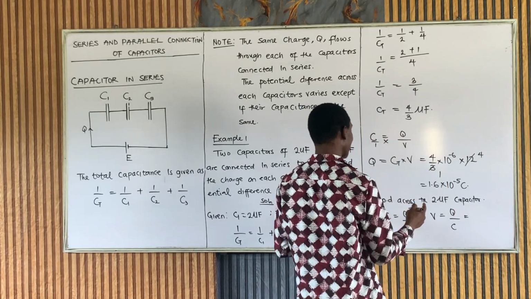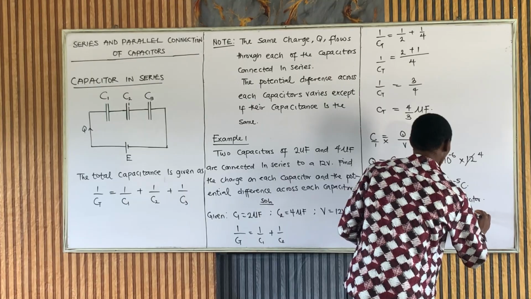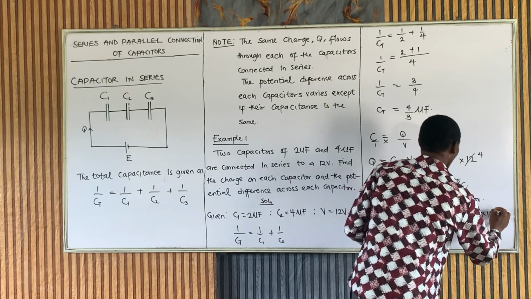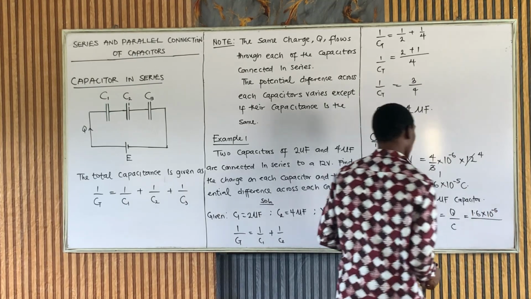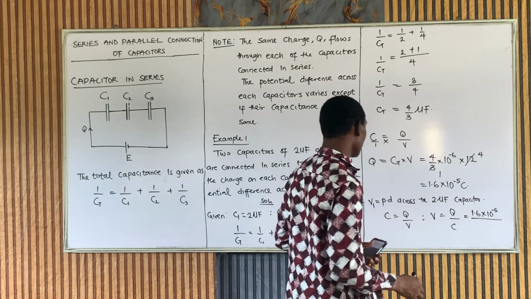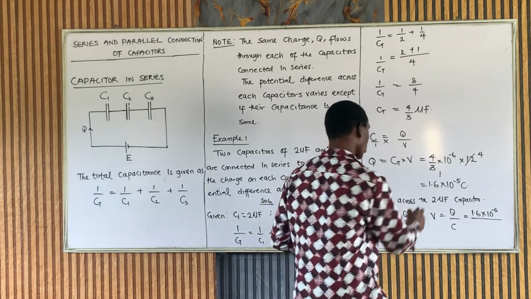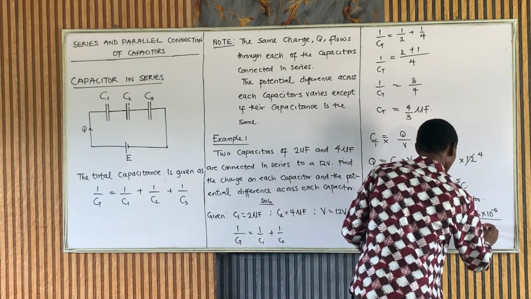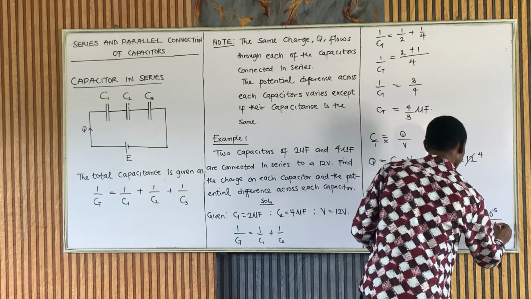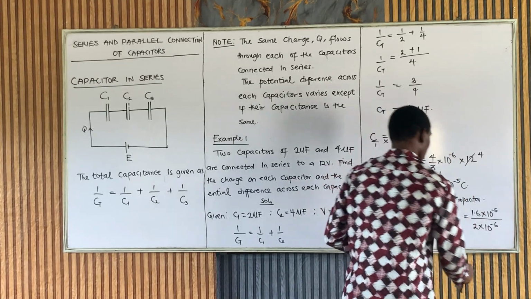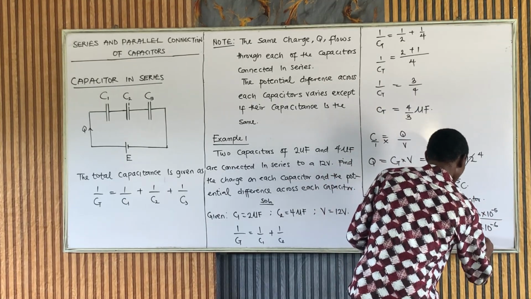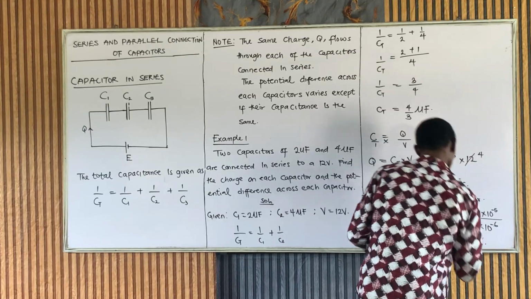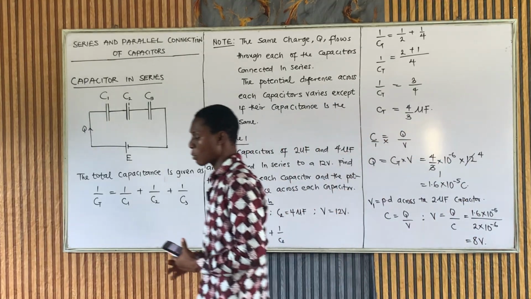The Q is the charge, which is 1.6 times 10 raised to the power minus 5 all over. What is the capacitance of the first capacitor? That is 2 microfarad, 2 times 10 raised to the power minus 6. So if we do this, we are going to get 8 volts. That's for the 2 microfarad.